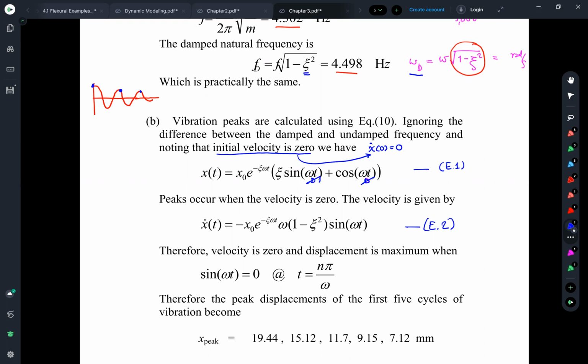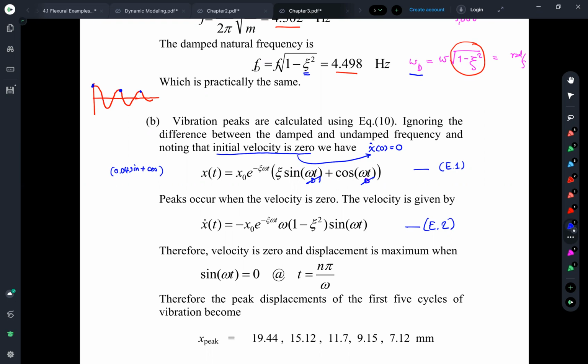Actually, if you look closely and introduce the value into equation E.1, maybe you can feel the same with me. It's 0.04 times the sine function plus cosine. So the effect of the sine is only 4% compared with the cosine term. Therefore, the peak should occur pretty close to the cosine term.